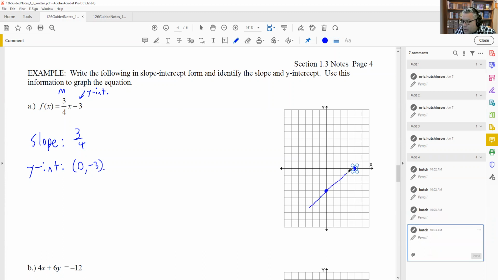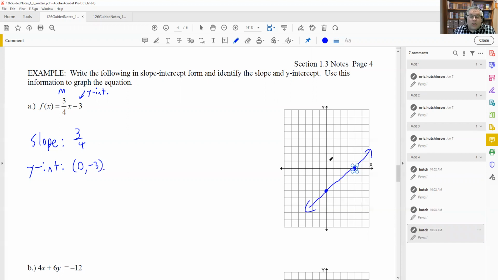Then we draw a line connecting through that, and that's your completed graph. You always start with the y-intercept, then use the slope to get to the next point. That's all they want you to do here: identify the slope, the y-intercept, and then draw the graph.